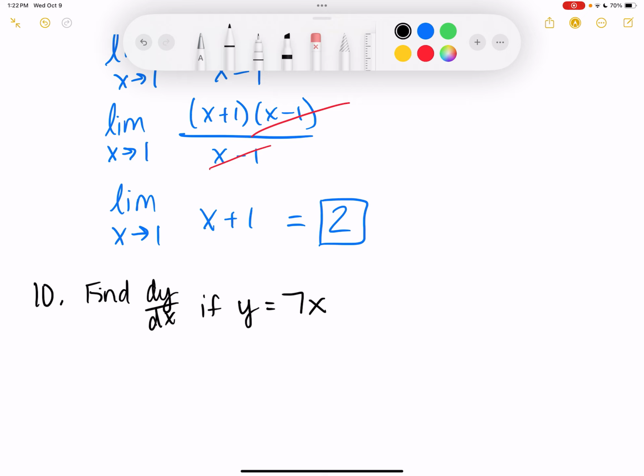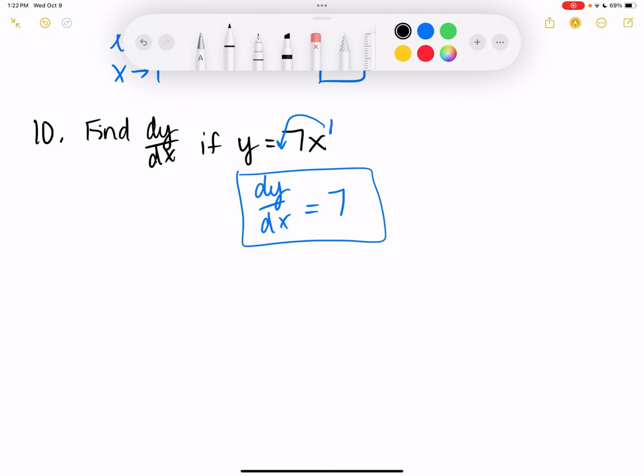So I take this 1 and multiply it by what's in front, so 1 times 7. So dy dx equals 7. Then we subtract 1 off of the exponent, which gives us x to the 0, which is just 1, so dy dx equals 7. So it's nice and easy. That's why I said I love this stuff, because it's enjoyable to do.